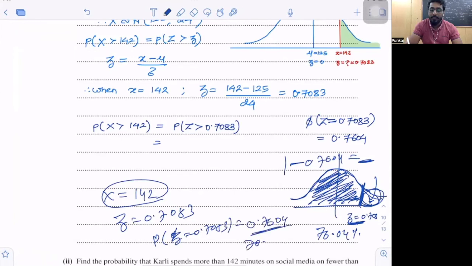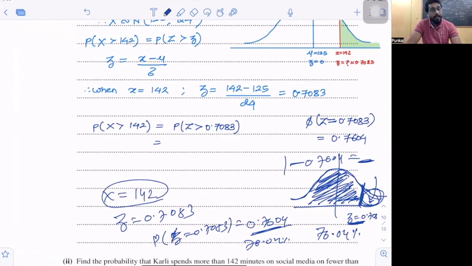That means 76.04% is the total value. That means 76% is the chance that Carlyle will spend less than 142 minutes on social media. So what's the probability of Carlyle spending more than 142 minutes?